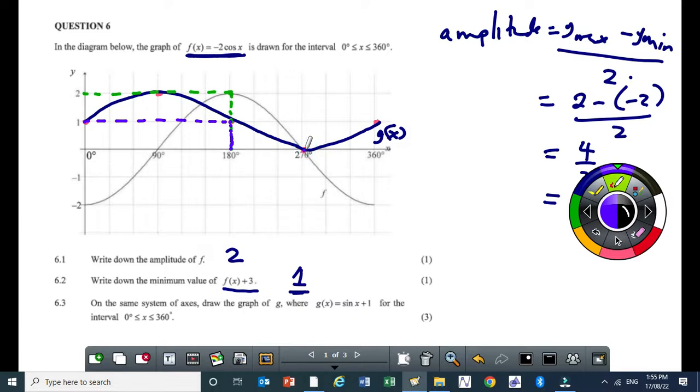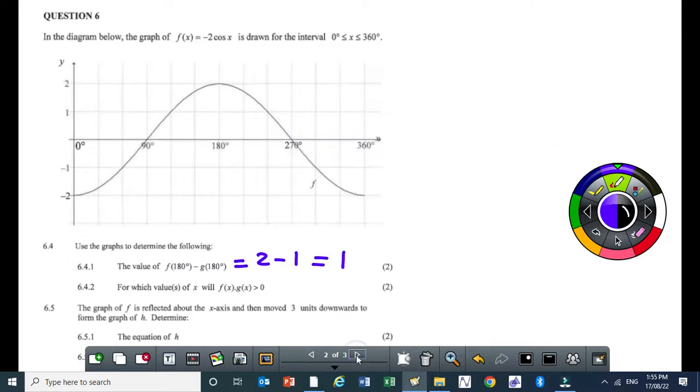Between 90 and 270, both graphs are above the x-axis. Are you getting that? Are you following that? Okay. So our answer there is x between 90 degrees and 270.